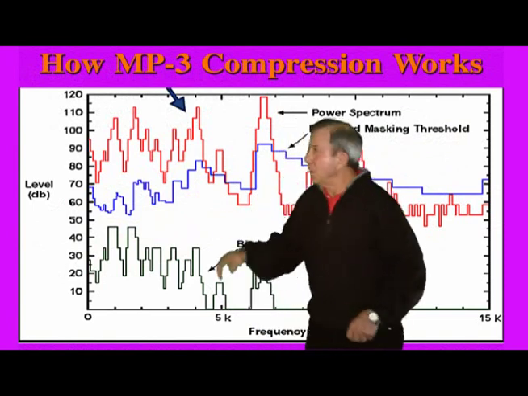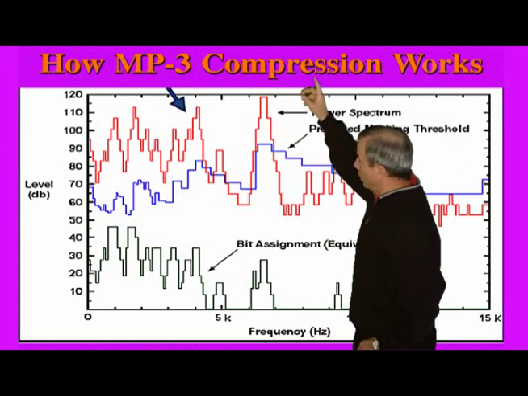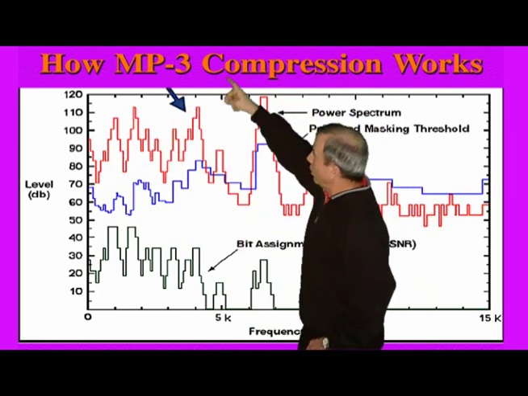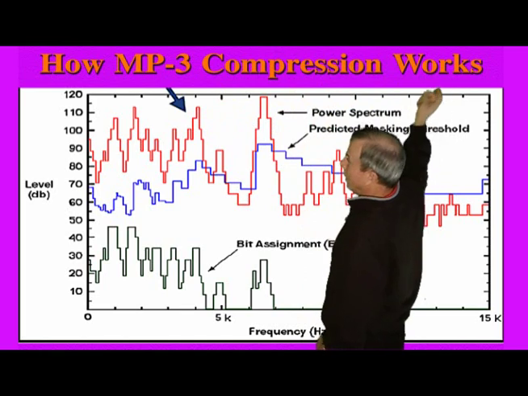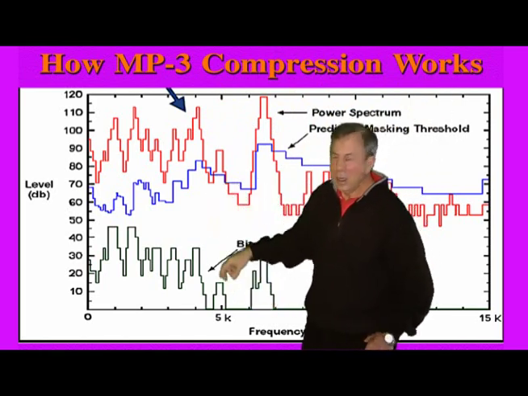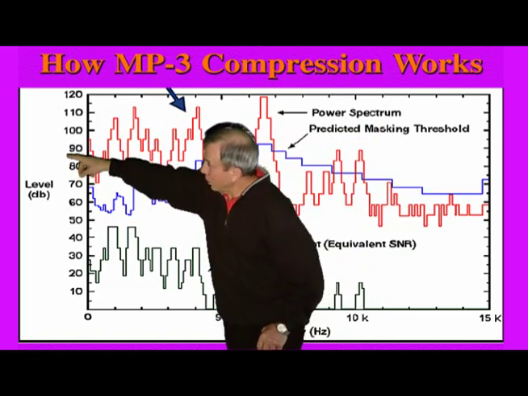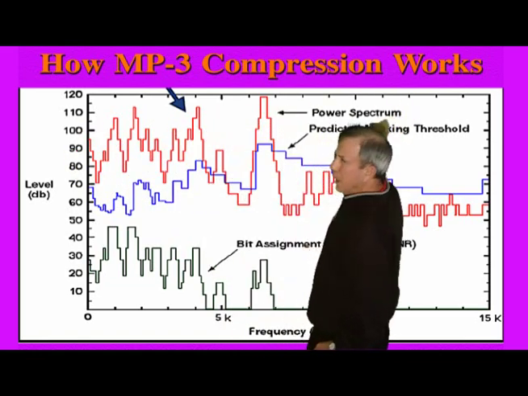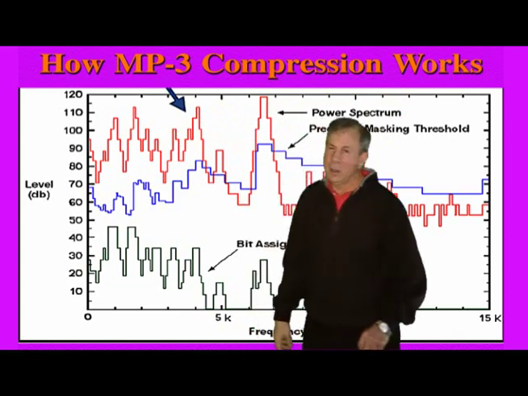Now, in this next graphic, we see that the red graph line here is the incoming audio. And the next line below and cutting through the red line is the psychoacoustic model.